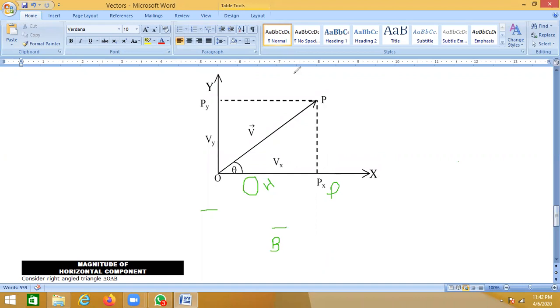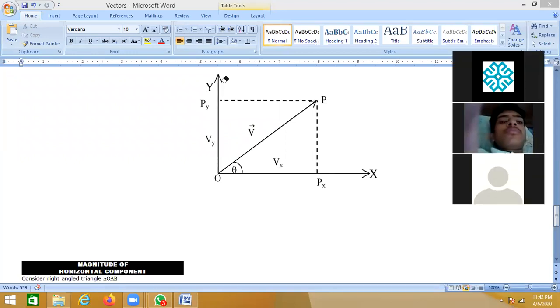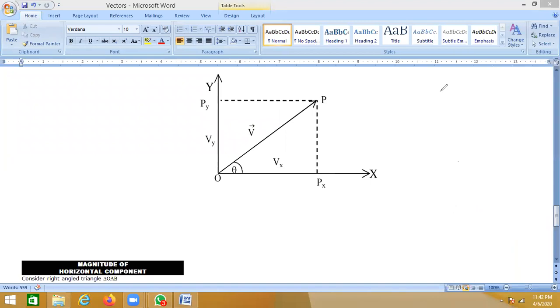Let me erase these things from the board first. Okay, so if we can see here the sides of the triangle, as we have said, this is perpendicular, this is hypotenuse, and this is base, right?